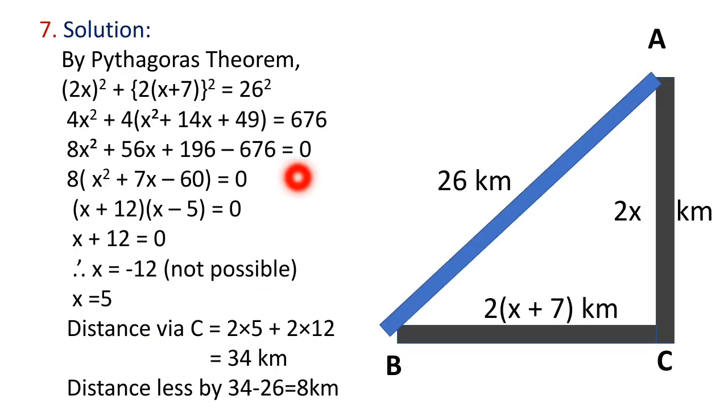Okay, now we have question number 7. The solution is done here. First see the question. You have in the question two cities A and B, and the distance from A to B is to be covered via C. That means whenever someone starts from A, he has to go to C and then after to B. So this length from A to C is given as 2x and C to B is given as 2x plus 7.